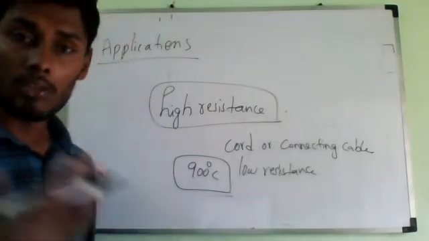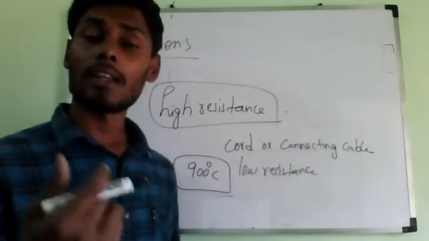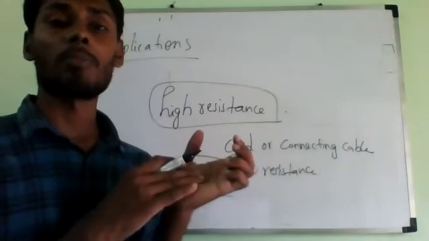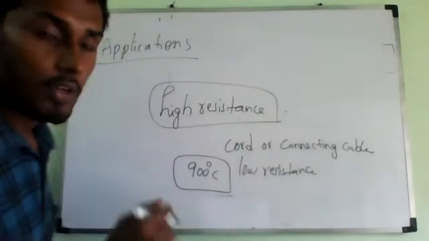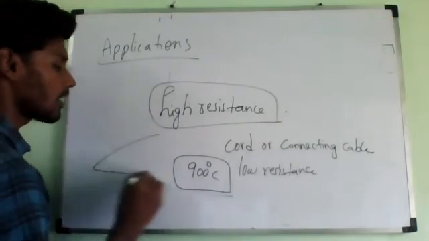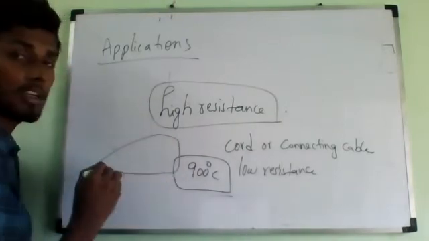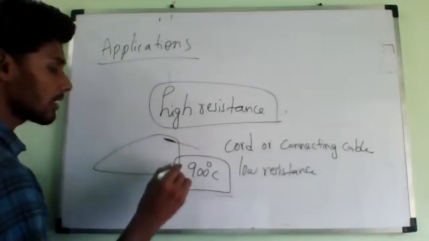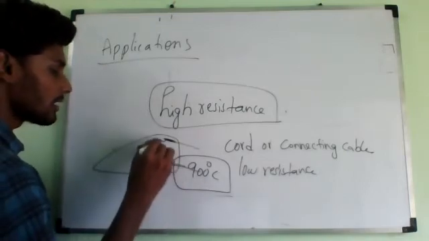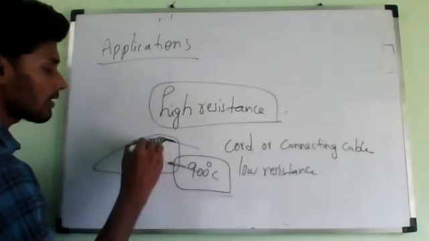Even we can take the electric iron also. The bottom part of the electric iron is made of some metal, correct? But inside, if you imagine the iron's bottom, we have connectors, copper wire connectors. But here we have a nichrome wire, which is called a coil, present inside like this.